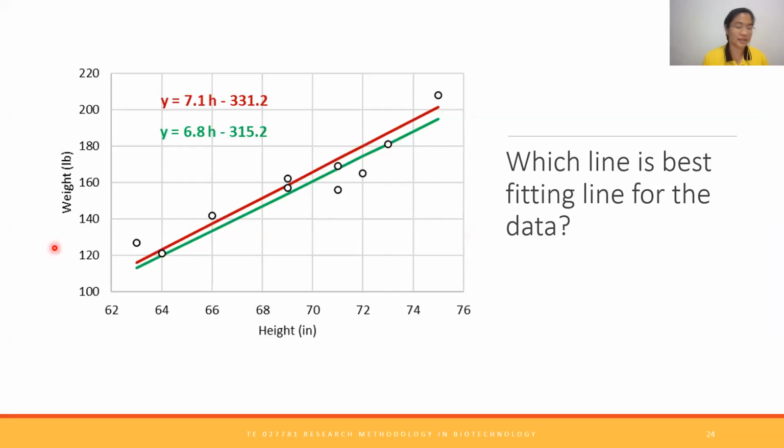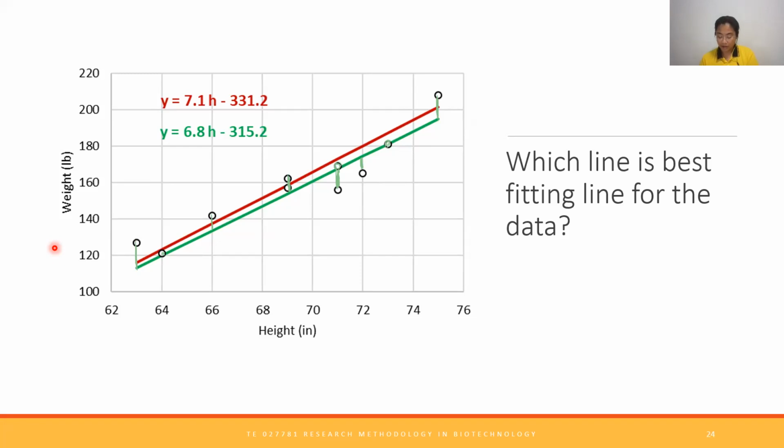For this case, the residual errors for the green line would be the difference here, right? This one is on spot, that one is on spot, that one is that much different, that one is a small difference, this one is almost on spot, and that one is different.